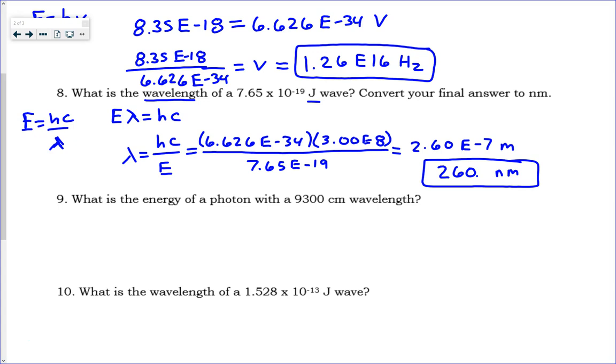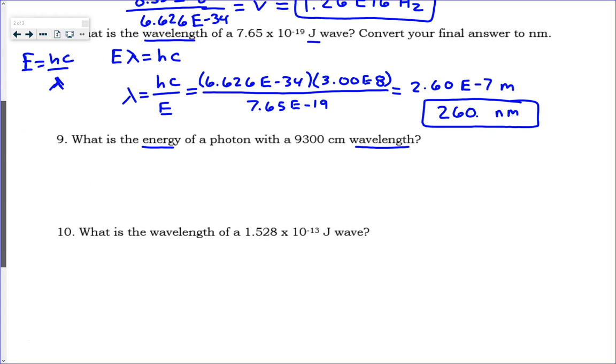Number 9, what is the energy of a photon with 9,300 centimeter wavelength? Okay, so again, we've got energy, we've got wavelength, so we're going to be using E equals hc over lambda. Thankfully, on this one, we want energy, so it's already in the right form. So we just got to plug things in.